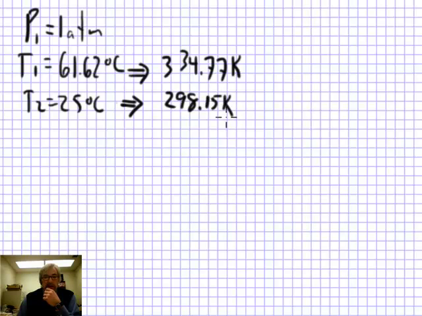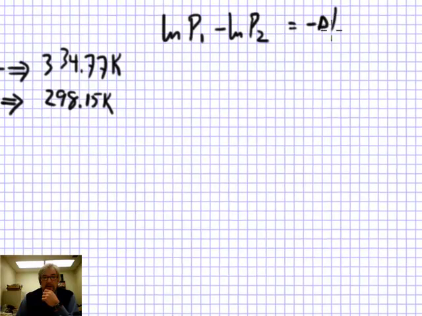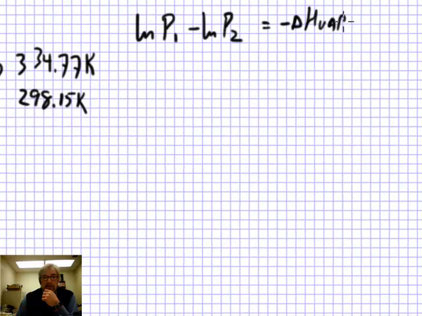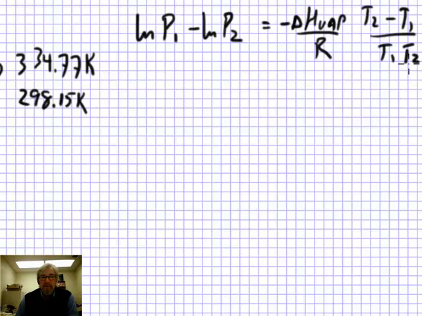Now, the Clausius-Clapeyron equation said this: the natural log of P1 minus the natural log of P2 is equal to minus the molar heat of vaporization over R times T2 minus T1 over T1 times T2. What we want here is P2, so let's begin solving for that.